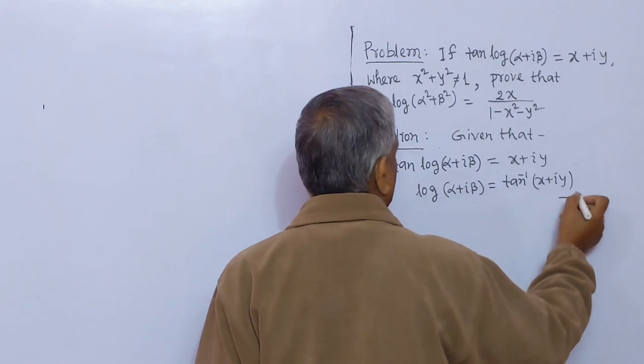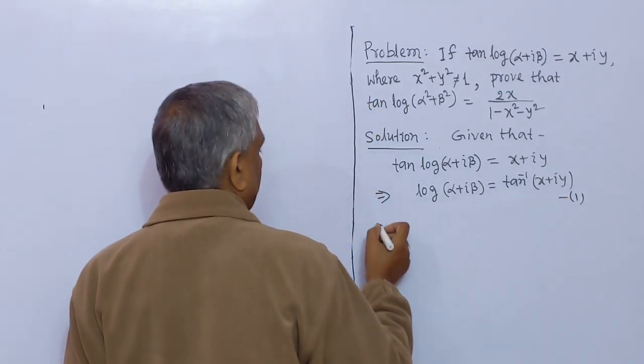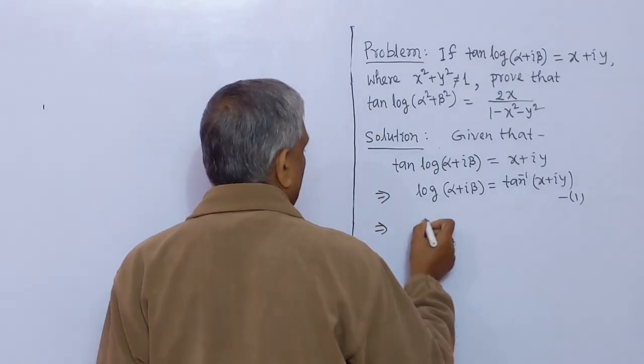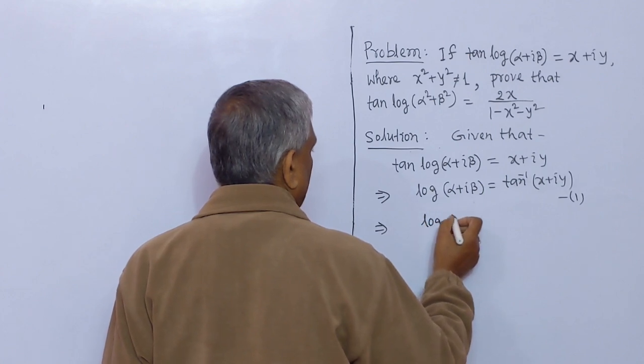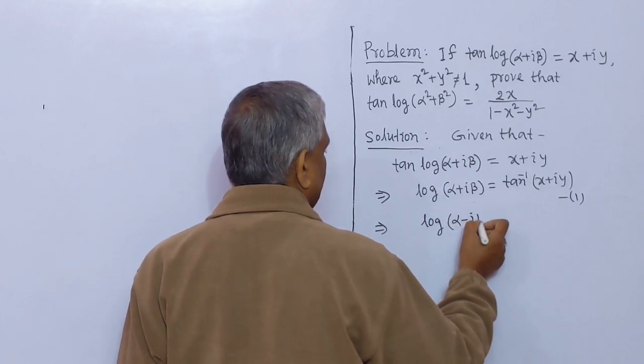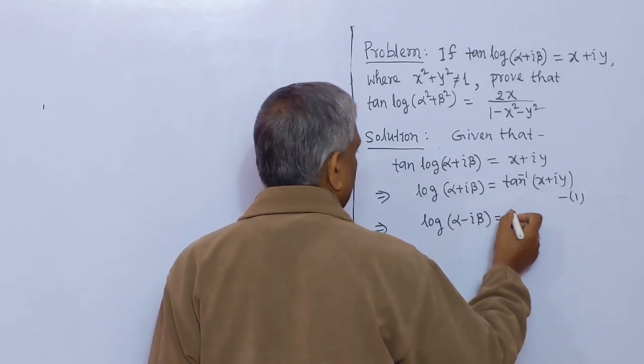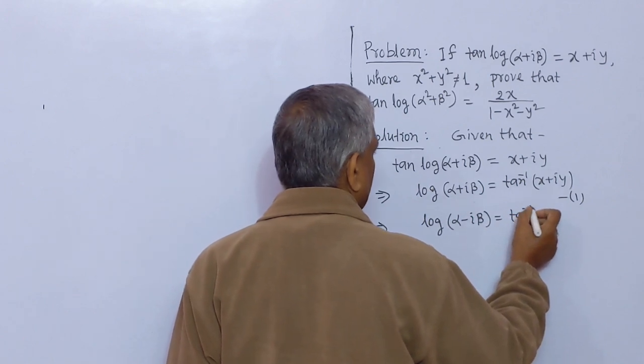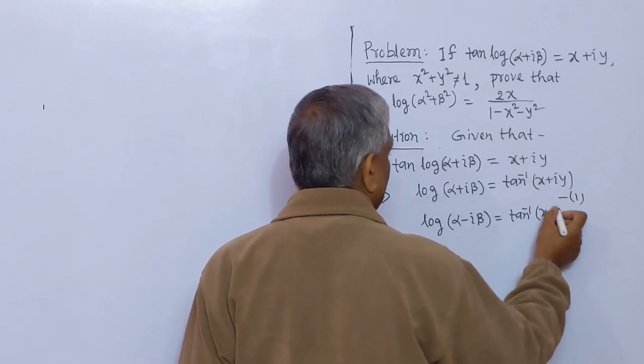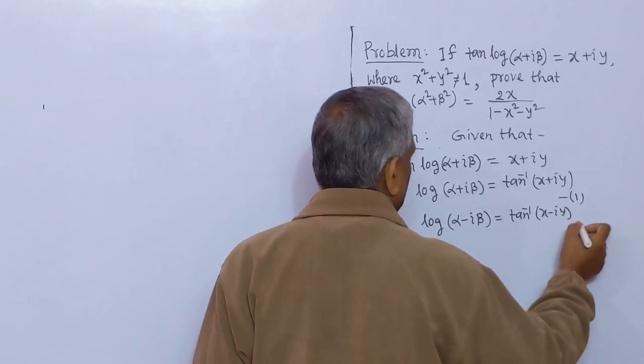This is number 1. Implies that log (alpha minus i beta) equals tan inverse (x minus iy). This is number 2.